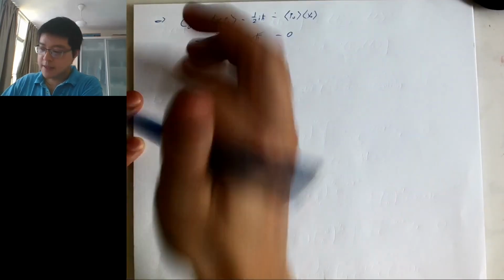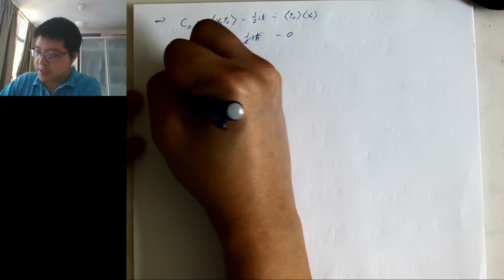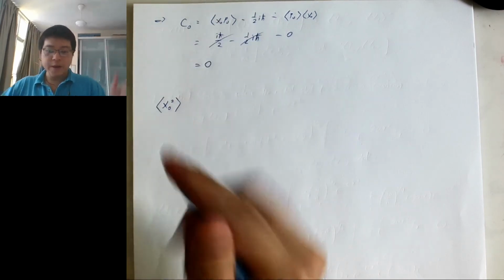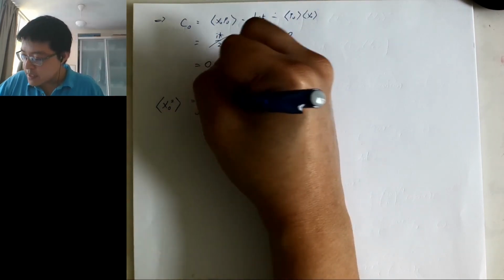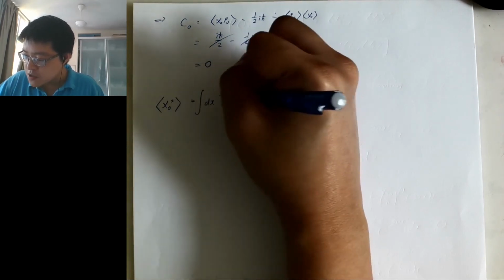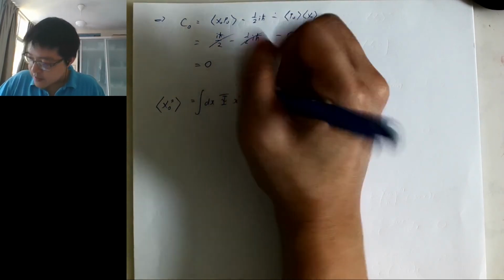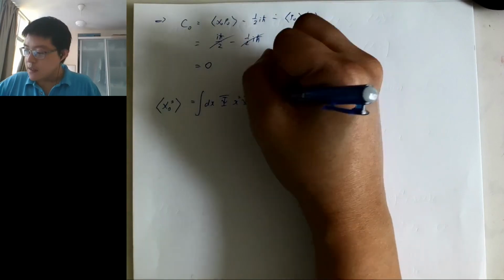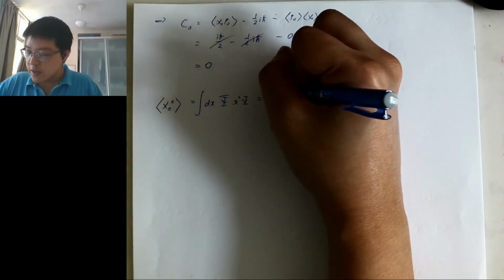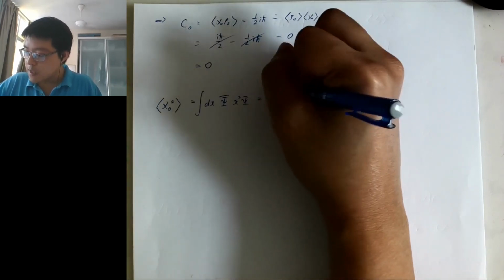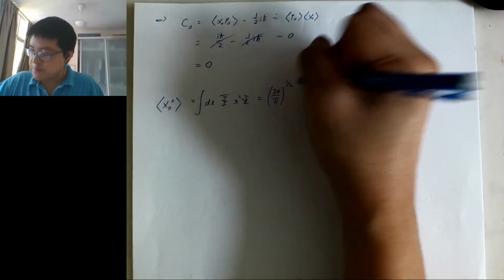So the next thing we want is the expectation value of x squared. What's the expectation of x squared? Well, this is the wave function conjugate, x squared, and the wave function. My solution was (2a over pi) to the power 1/4, squared so it becomes the power half.